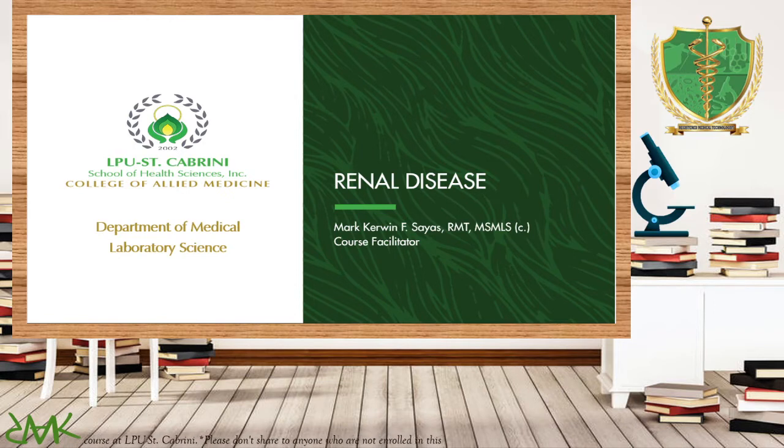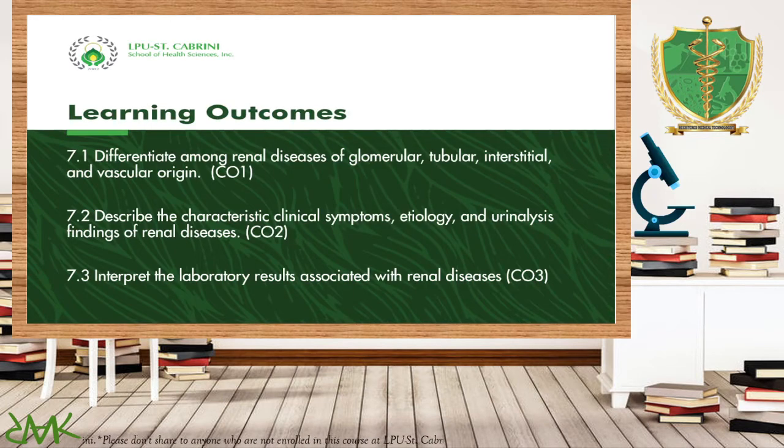In today's lecture, what we are going to discuss is all about renal diseases. To start with, let's have first our learning outcomes. Number one, 7.1 is to differentiate among renal diseases of glomerular, tubular, interstitial, and vascular origin.